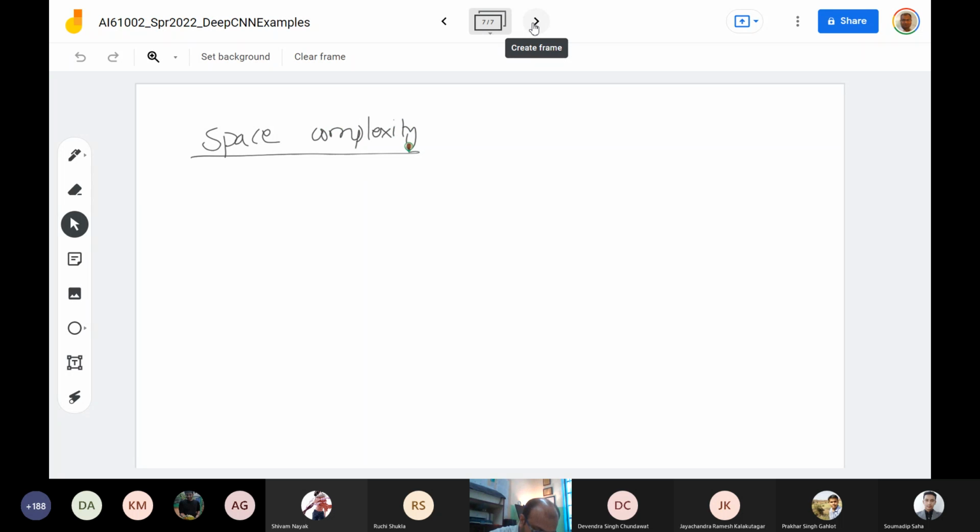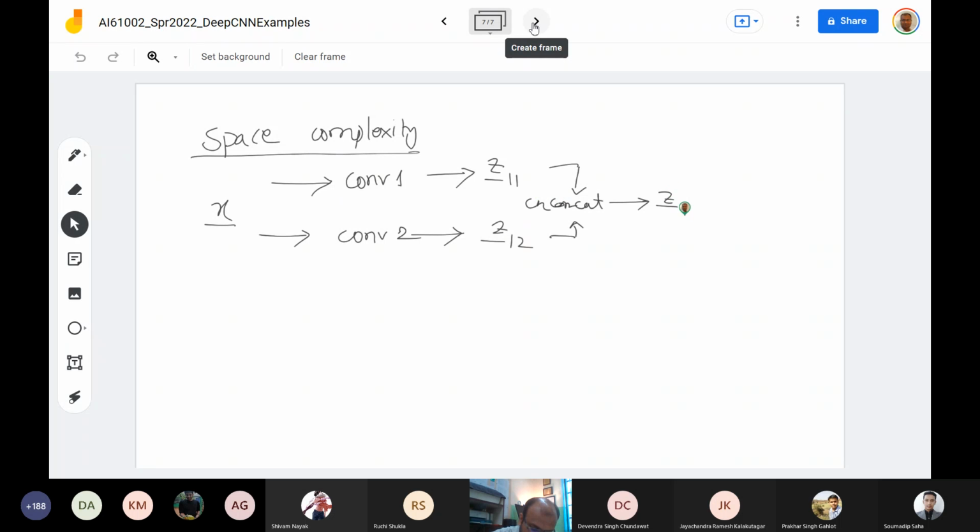So you had your X, which went into your two convolutions, conv1, conv2, and say this intermediate what I generate is what I call as Z11 and Z12, and they together are concatenated in order to get down your Z1 over here.